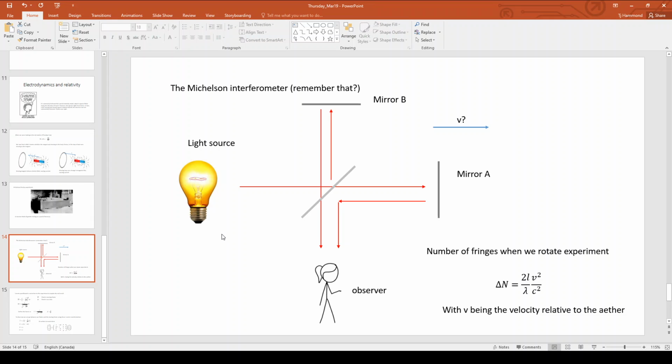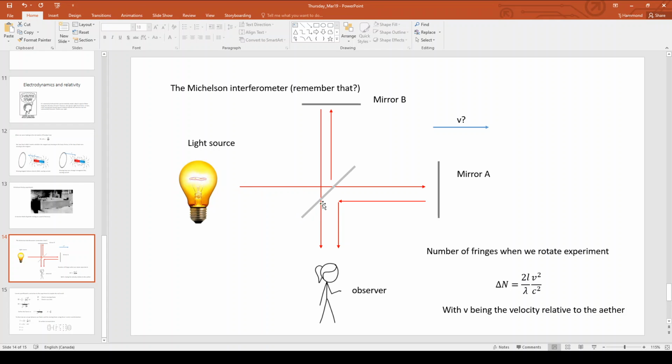If you remember the Michelson setup, we had you build the Michelson interferometer in the lab, and the reason it's called the Michelson interferometer is because it's named after the people who developed the Michelson-Morley experiment. Just like in your experiment, you have some light source.